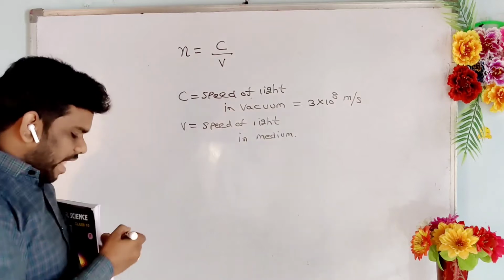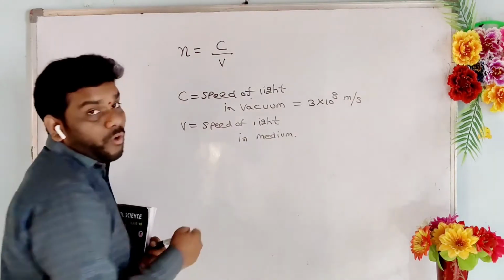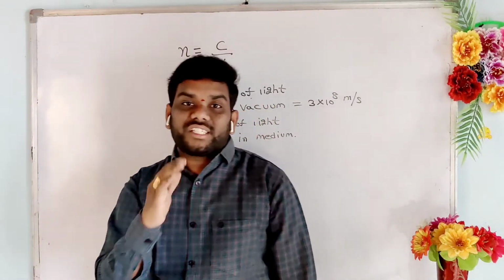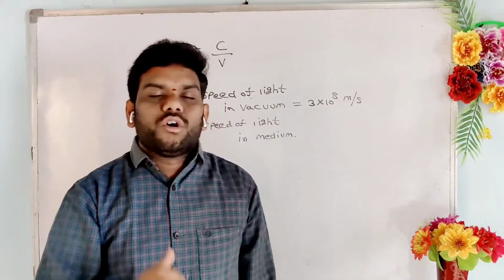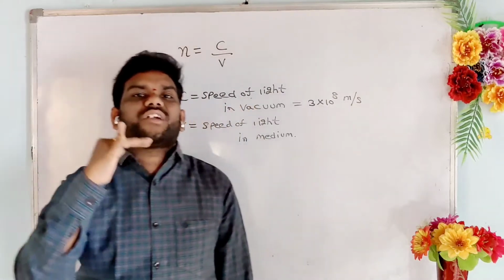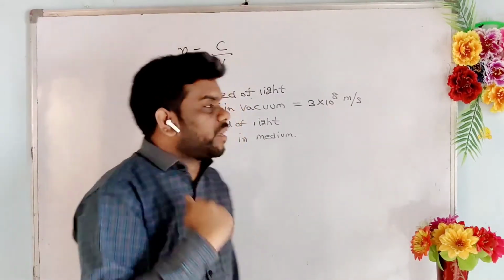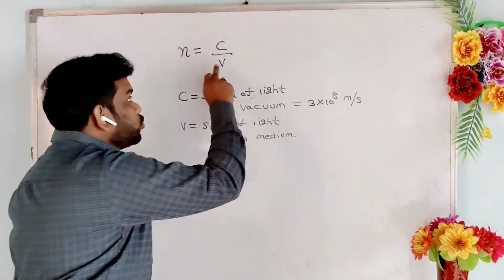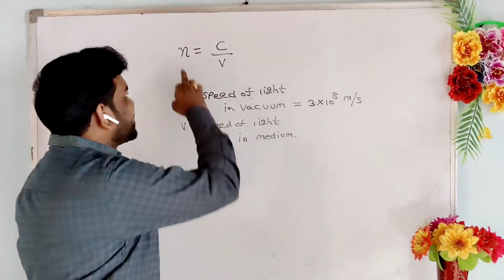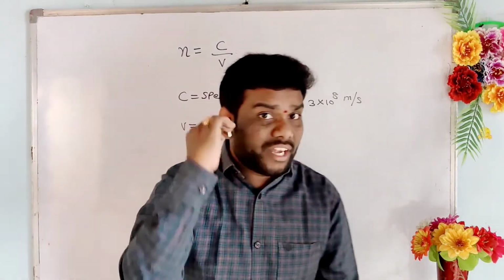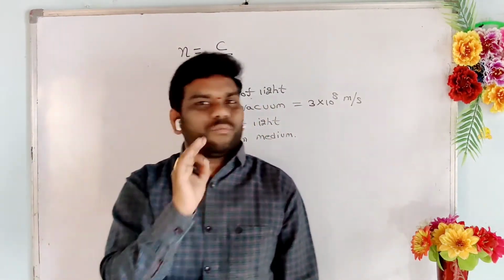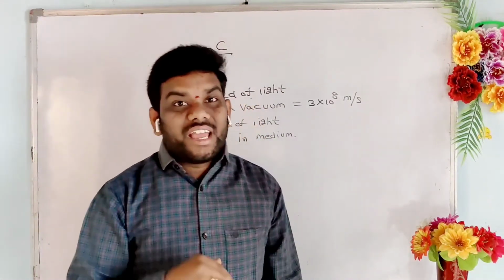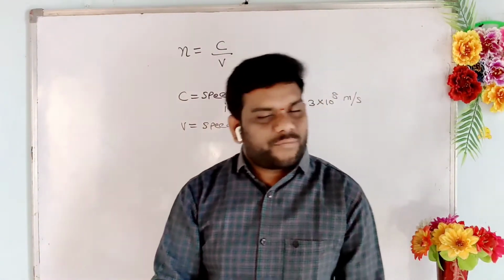Speed of light in vacuum, 3 into 10 to the power of 8, is denoted by symbol C. Speed of light in medium is denoted by V. Then finally, N is equal to C by V, which means the ratio of speed of light in vacuum to speed of light in medium is called refractive index. It is the definition of refractive index.